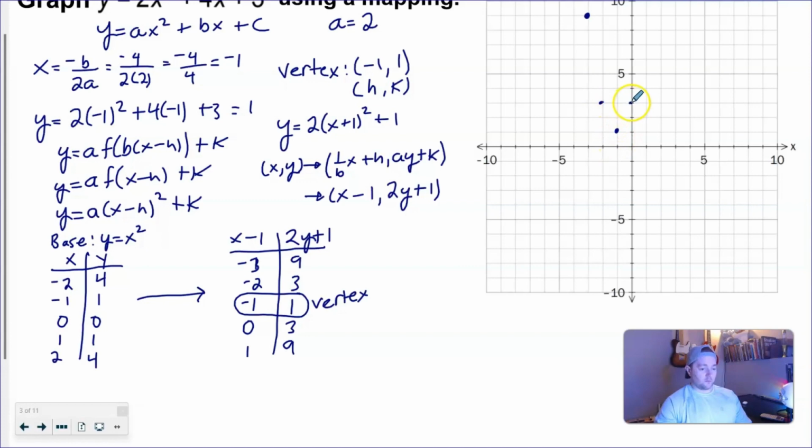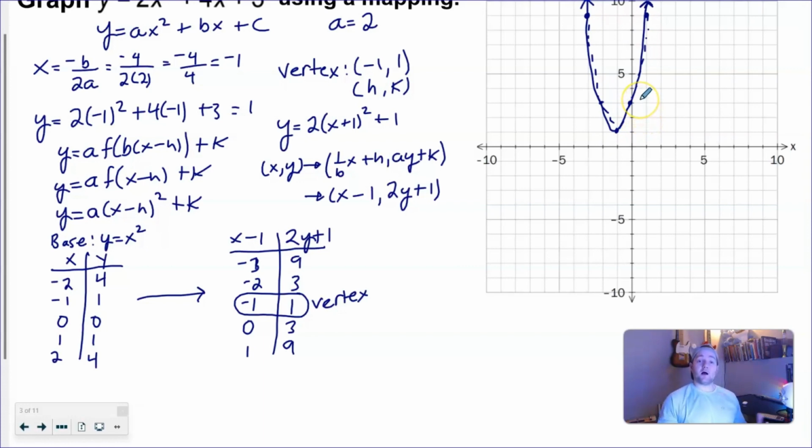And then all the other points should be symmetrical about it. And there it is. I'm just going to dot it in here now to get a general shape of it. I'm going to highlight those. Not the prettiest looking thing in the world, guys, but hopefully you get the point from that.